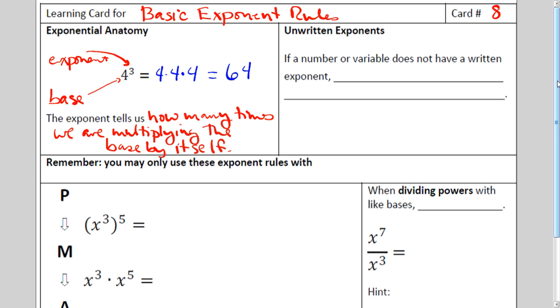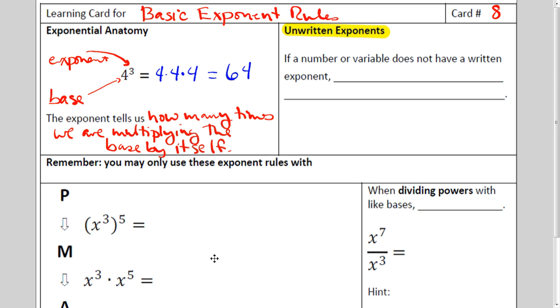So the little number, make sure it's superscripted nicely. There's nothing worse than bad superscripts. Okay, so unwritten exponents, this is something that is a simple concept, but easy to get mixed up.